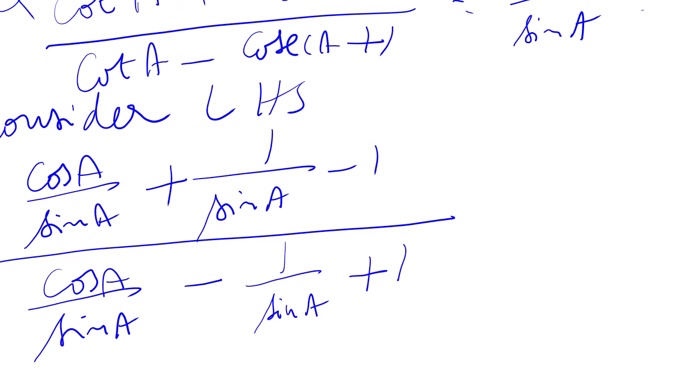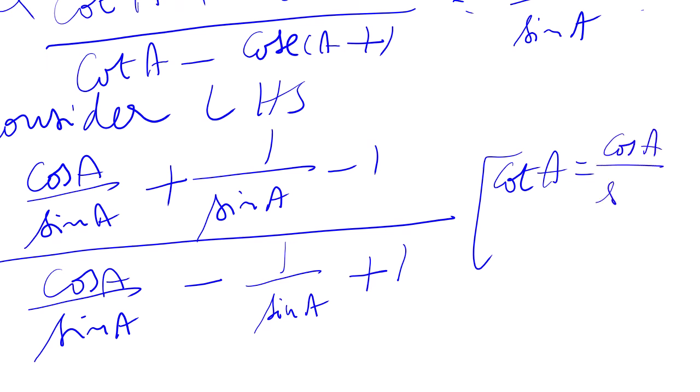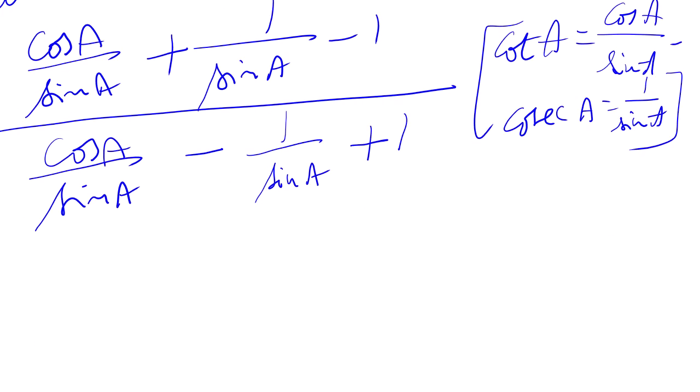Okay, so here what did we use? We have used cot A is equal to cos A upon sin A, and cosec A is equal to 1 upon sin A. These two we have used. Okay, now we will cross multiply this.